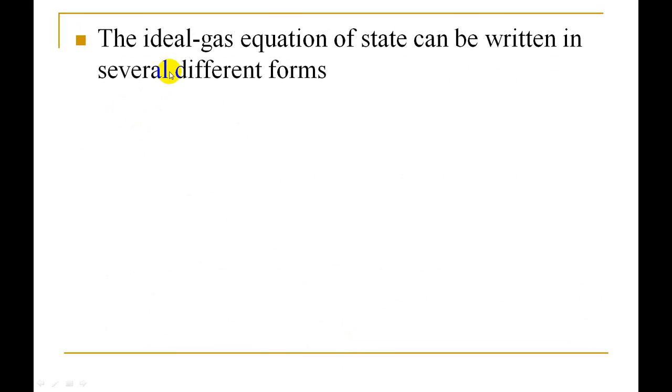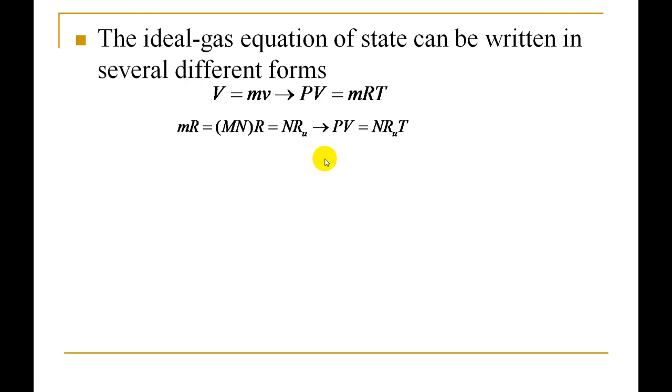The ideal gas equation of state can be written in several different forms. For example, volume is equal to mass times specific volume. Then from PV = RT, you can write PV = mRT.